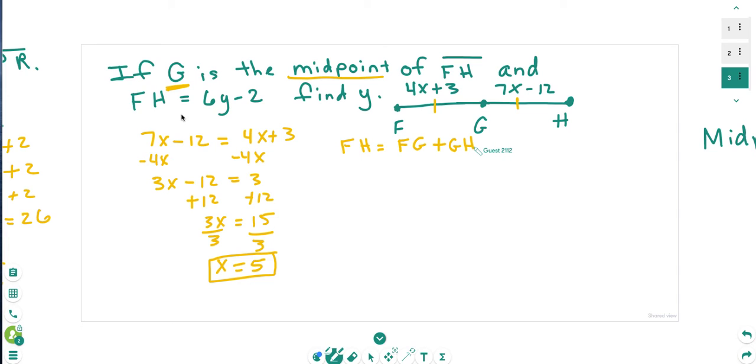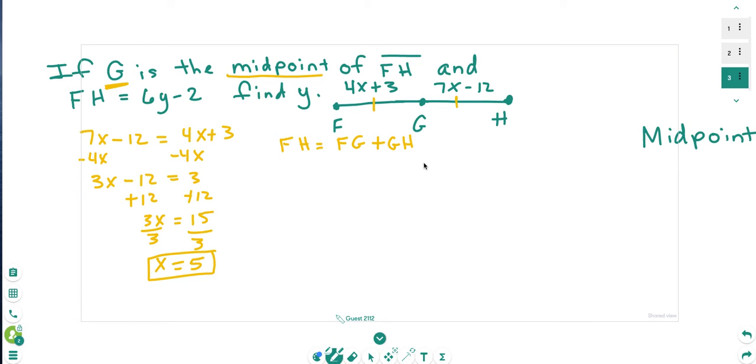So we're going to need to find the value of FG and the value of GH first. FG is equal to 4x plus 3. I'm going to use the substitution property to put 5 in for x. And that's going to give me 20 plus 3. 23 is the value of FG, so I can go ahead and put that in.